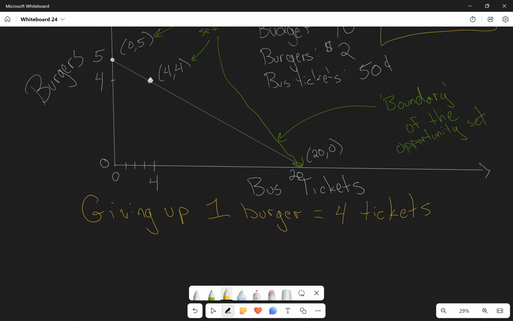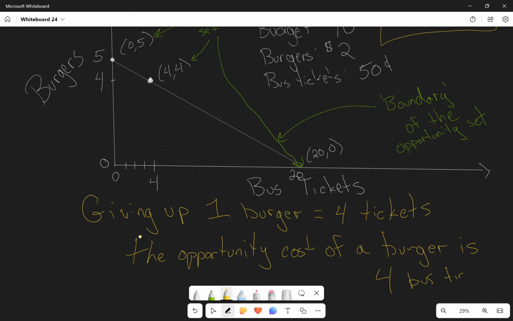So the other way that we could say this is the opportunity cost of a burger is 4 bus tickets. Does that make sense to everyone? Because bus tickets are a fourth the cost of a burger. Burgers are $2, bus tickets are 50 cents. 50 cents times 4 gives us $2.